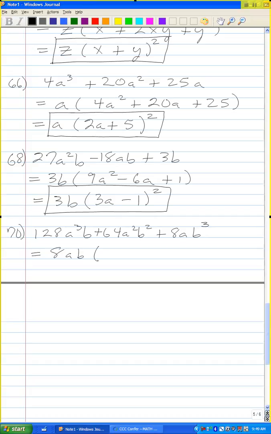So let me do that. 128a cubed b divided by 8ab is 16a squared. 64a squared b squared divided by 8ab is 8ab. 8ab cubed divided by 8ab is b squared.